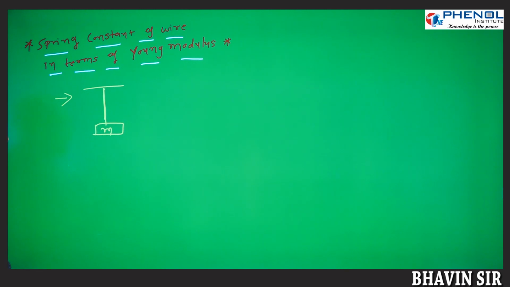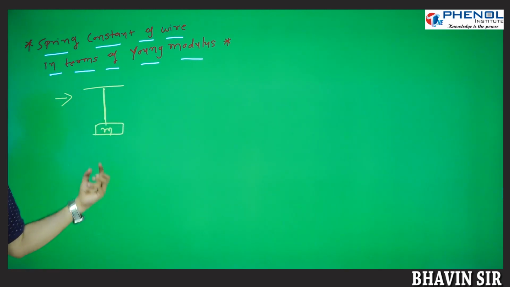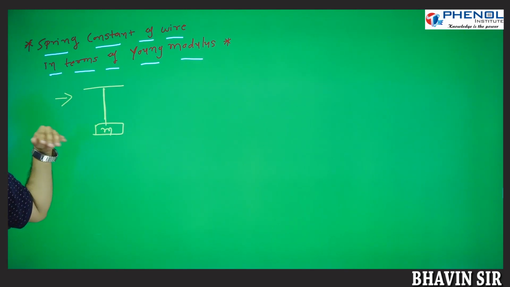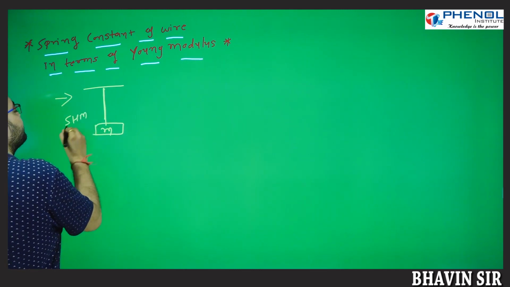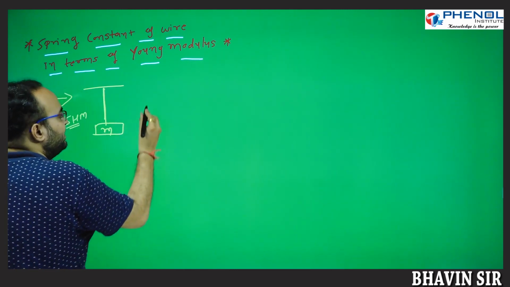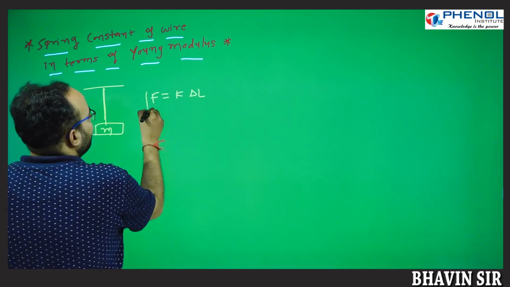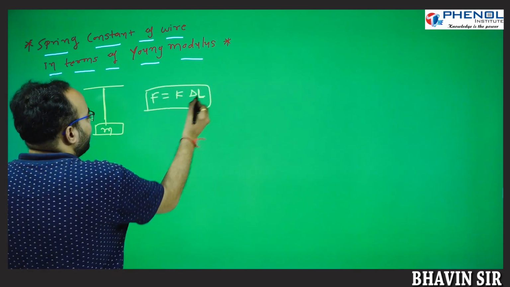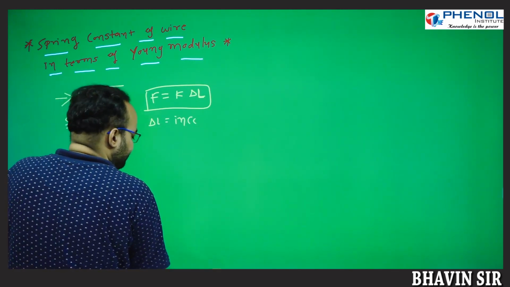It is a wire, not a spring, and when slightly released, it oscillates and performs SHM, right? Chalo. Now see students, suppose the increase in length of the wire is delta L. When the block, what is delta L?